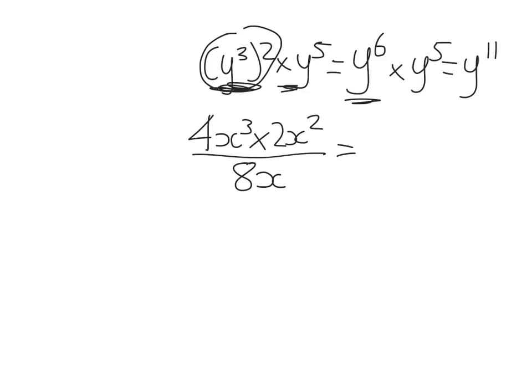I treat them as normal. 4 times 2 is 8. x cubed times x squared, keep the same base, add the powers. Now to simplify this, 8 divided by 8 is 1. x to the power of 5 divided by x is just x to the power of 4.